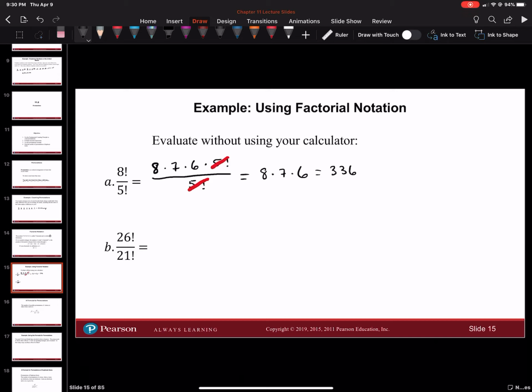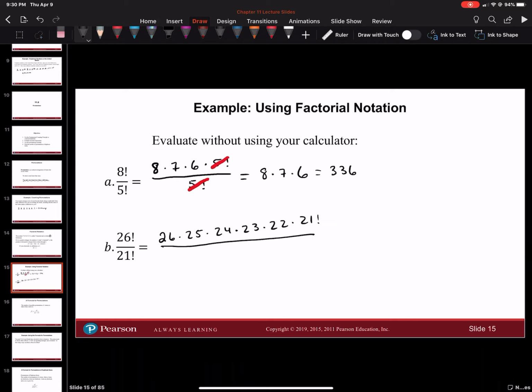Now we have the next one. I'm going to do 26 times 25 times 24 times 23 times 22 times 21 factorial. You see that I stopped at 21 factorial because 21 factorial is in my denominator. Now, I go ahead and cross out the 21 factorial. And now you just multiply everything that's on top.